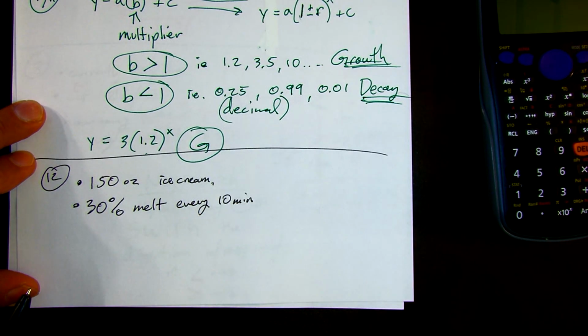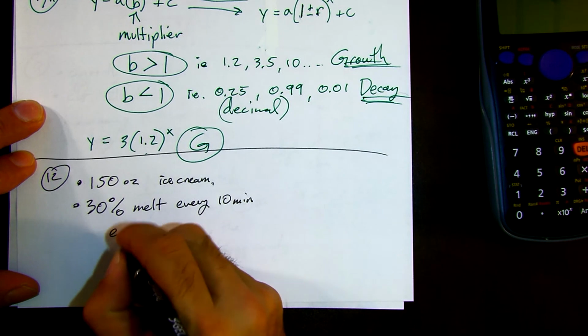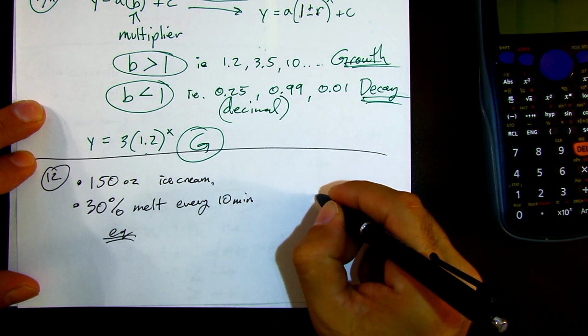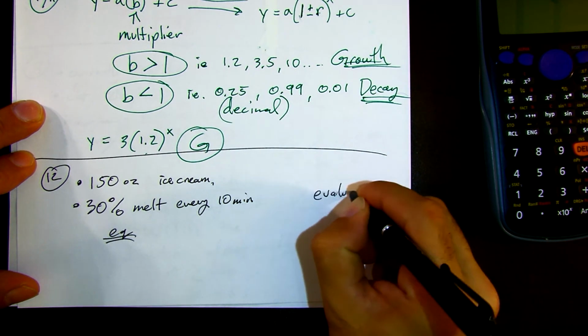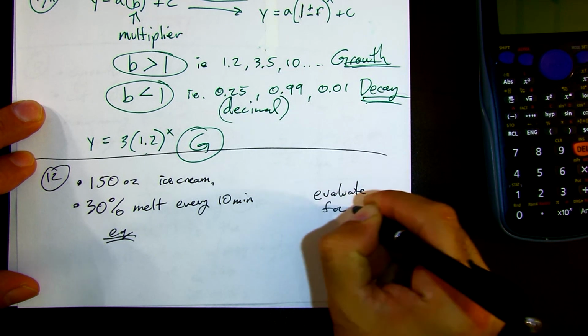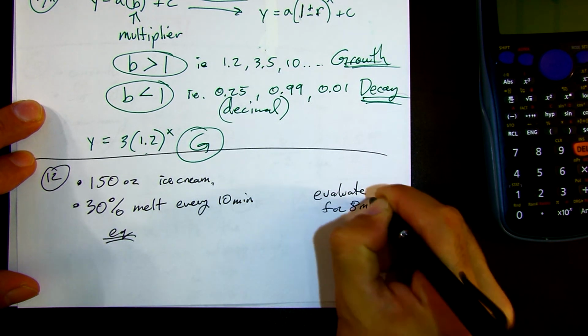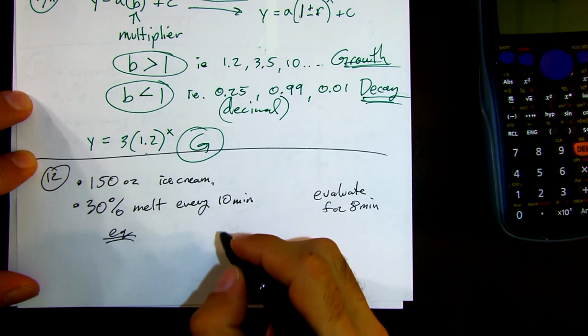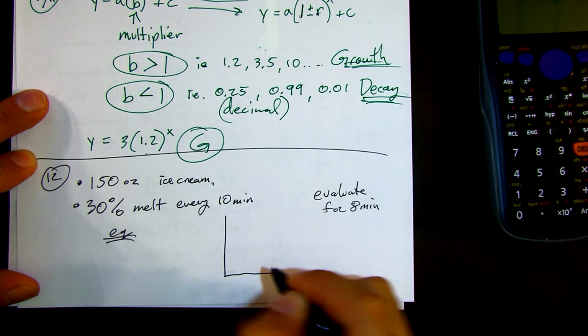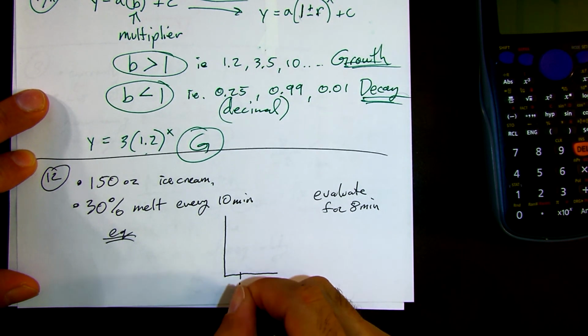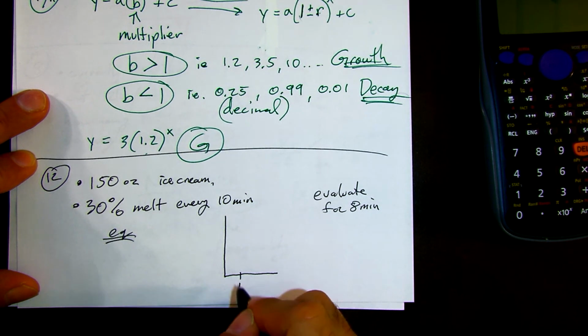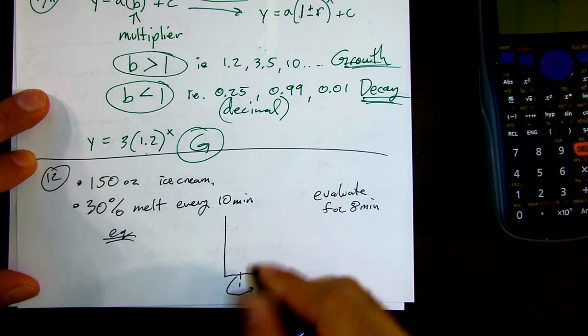And then you have 30% melting. What is melt? Is it decay or growth? Write an equation, find out the amount of ice cream after 8 minutes. So we got to find our equation, and then we have to evaluate for 8 minutes.